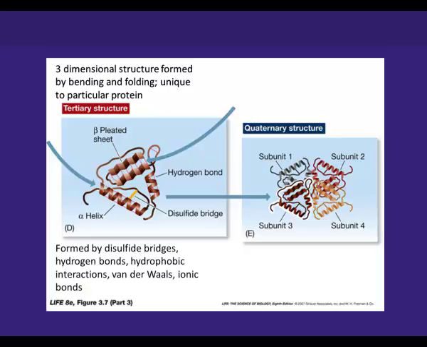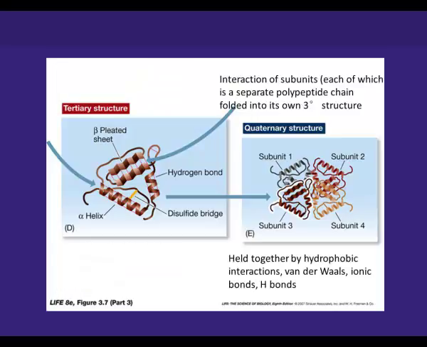So just to recap here, the secondary structure is formed by interactions between a carboxyl group of one amino acid and an amino group of another, whereas the tertiary structure results from interactions between R groups. The last level of protein structure that we're going to consider is the quaternary structure. The quaternary structure refers to the interaction of different subunits.